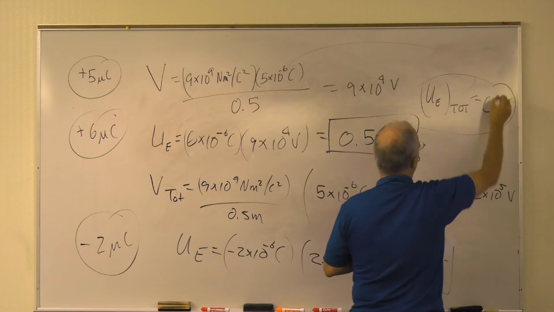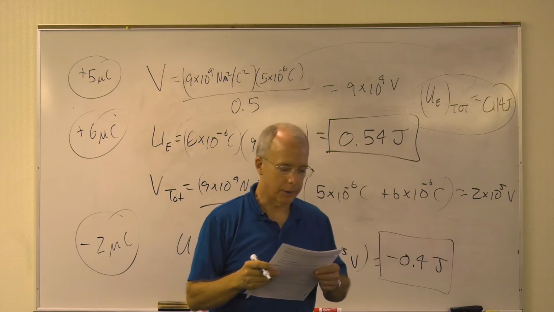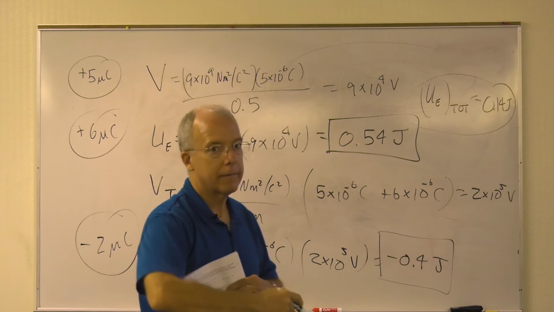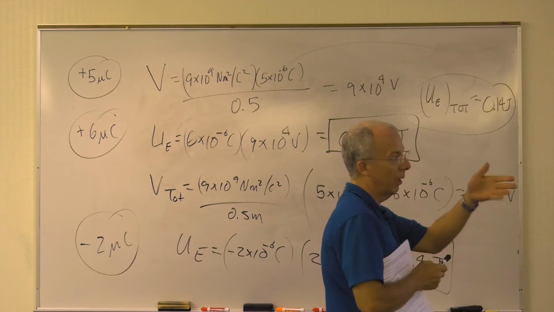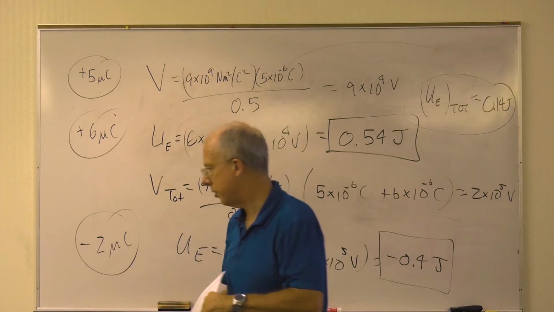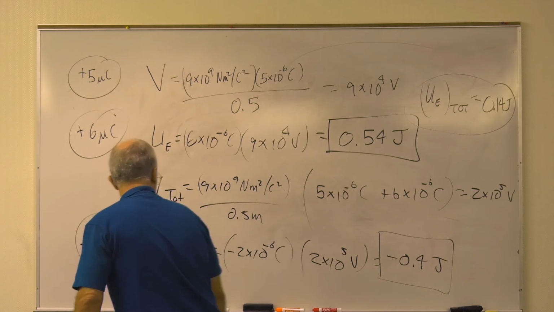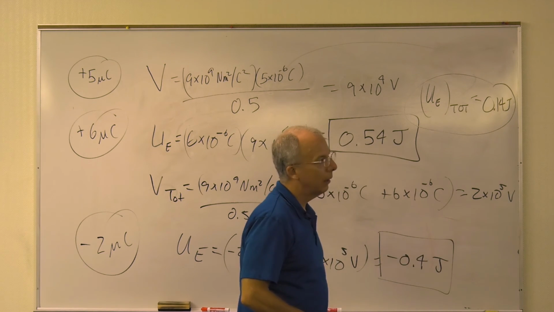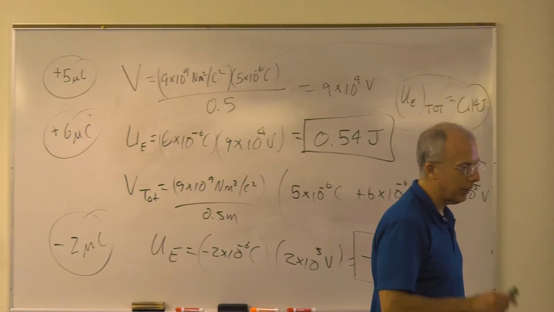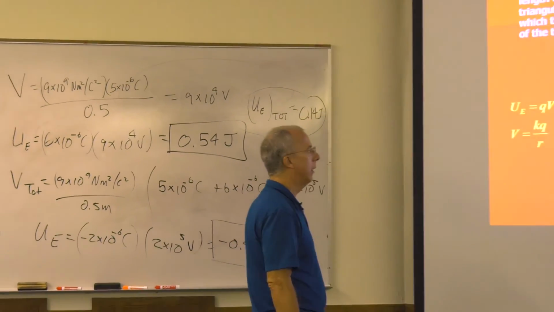And again, it's positive, just like we expected. And again, that potential energy is there because it takes work to put those charges there. So make sure you understand that problem. It's really important, especially to help you distinguish between potential energy and just potential.